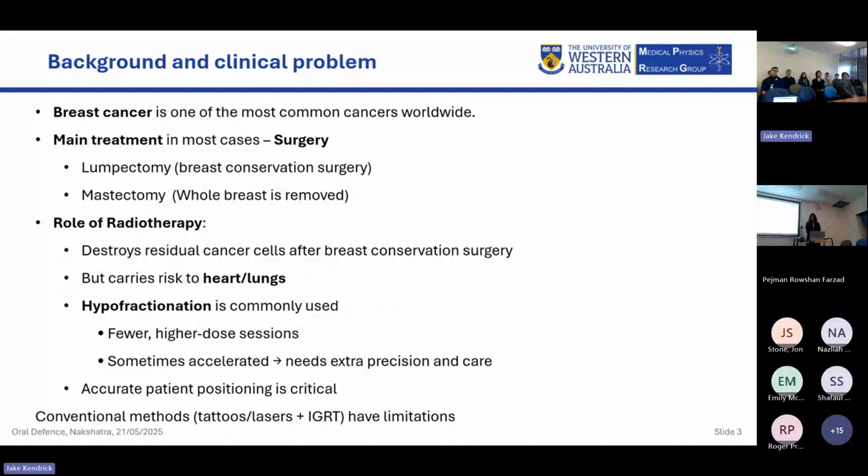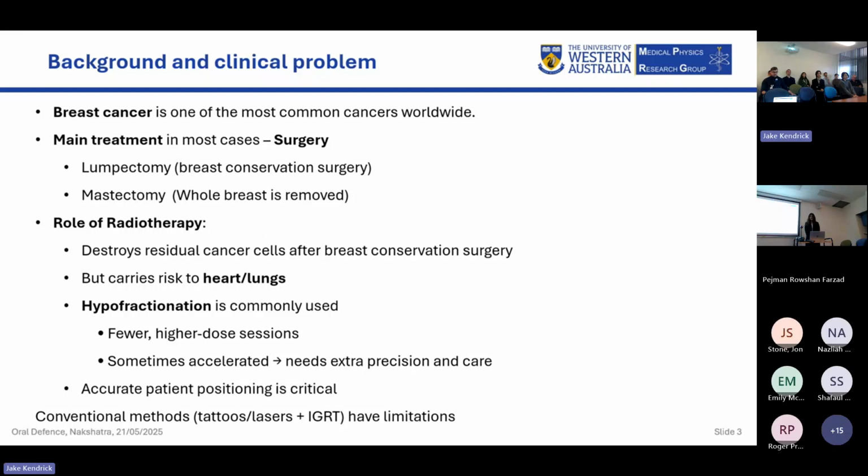Hypofractionation, which basically means fewer higher dose sessions, is commonly used. Additionally, in some cases, even accelerated fractionation is used. So we are dealing with a lot of dose per session, which adds to the requirement of a higher level of accuracy because of the fractional dose.